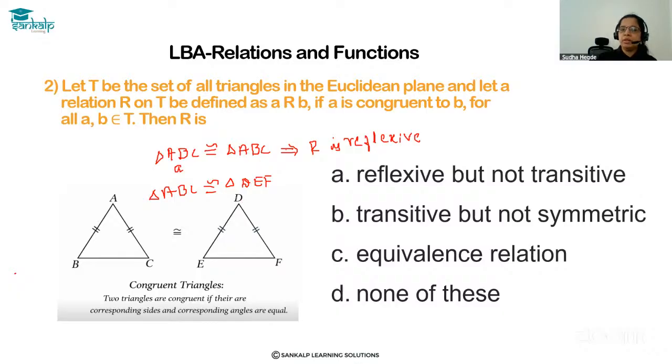So if you take the reverse, triangle DEF is congruent to triangle ABC, because if the angles and sides of ABC are equal to those of DEF, then the reverse case also should be true.